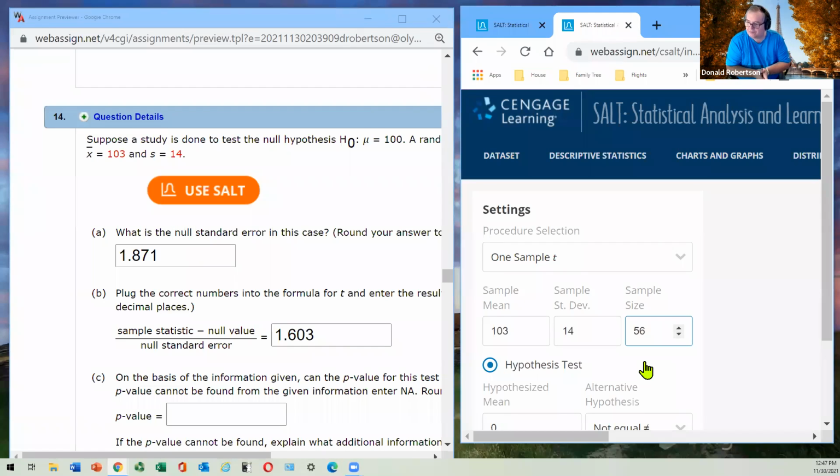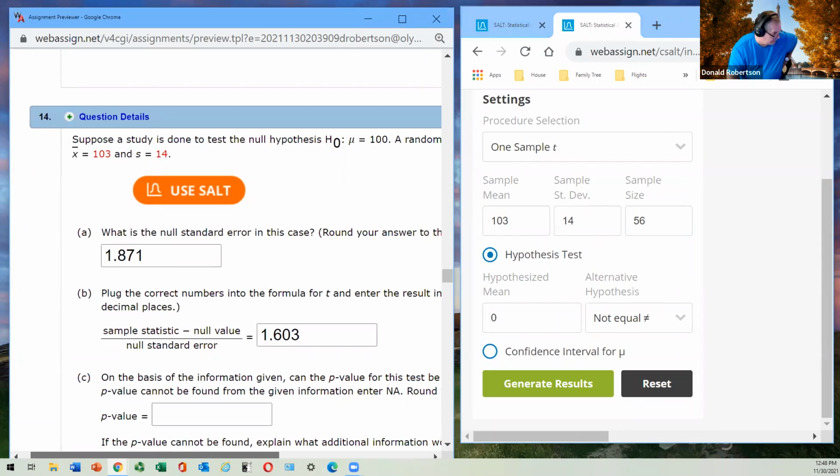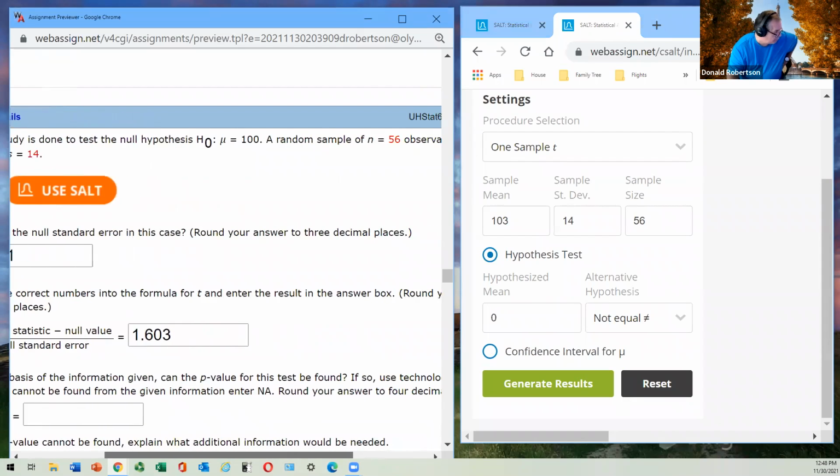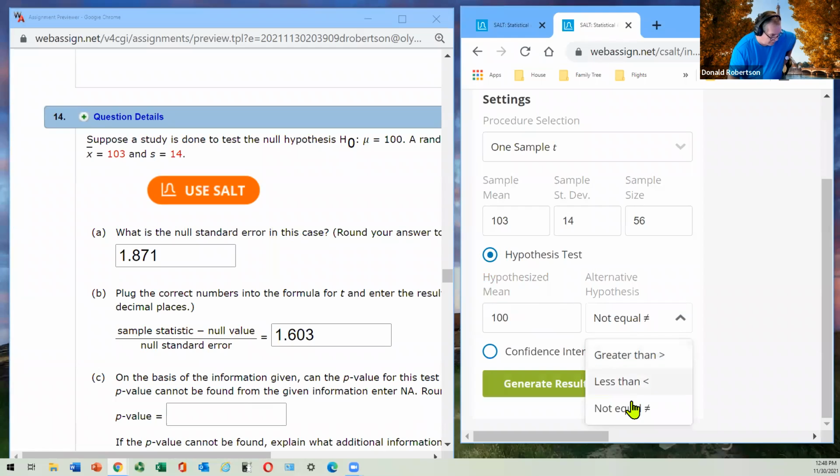Didn't I just type in the information that they gave me? Now, it's a hypothesis test. In this particular story, aren't we trying to prove it's greater than 100? So this number is 100, and we are trying to prove that it's greater than. So that is basically us setting up the null and alternate.